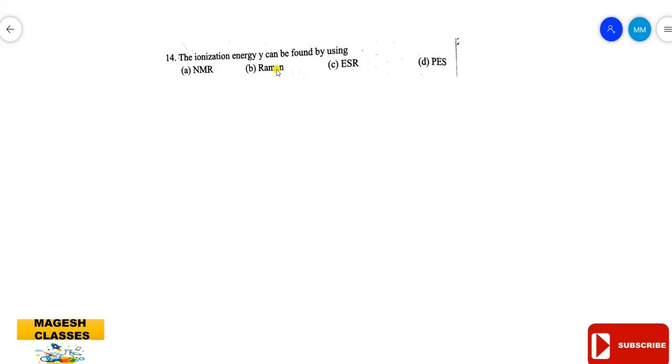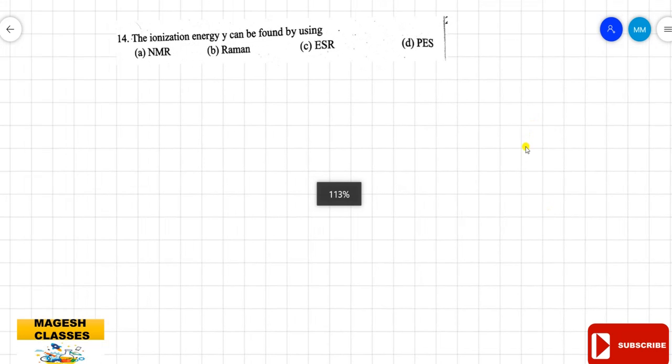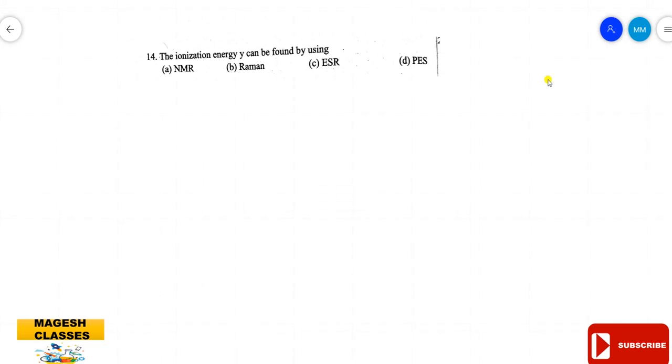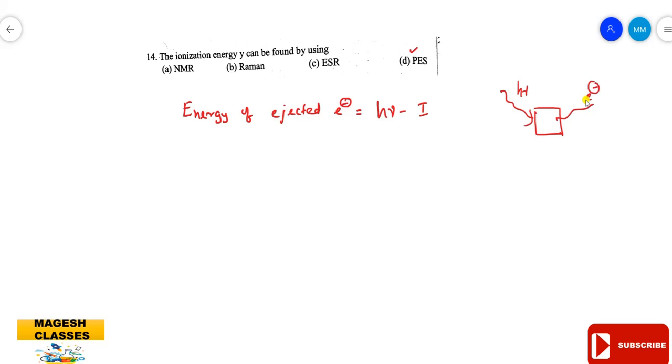Next question, the ionization energy can be found by using NMR, Raman, ESR and PES. So it is by photoelectron spectroscopy. The answer is PES. In photoelectron spectroscopy, the concept is that the energy of the ejected electron is equal to h nu minus I. The radiation falls on a thin foil of the metal, and electrons are ejected from the valence shell.